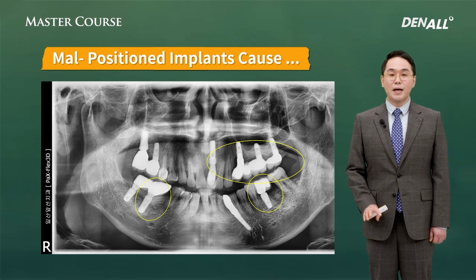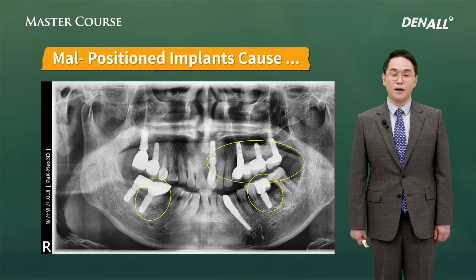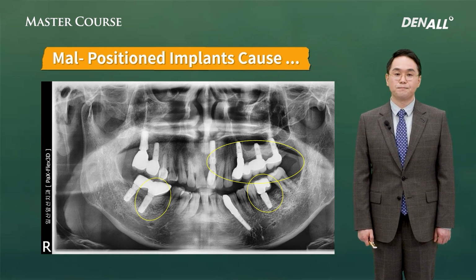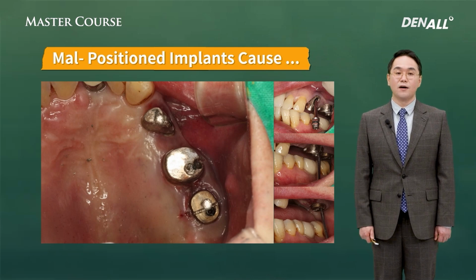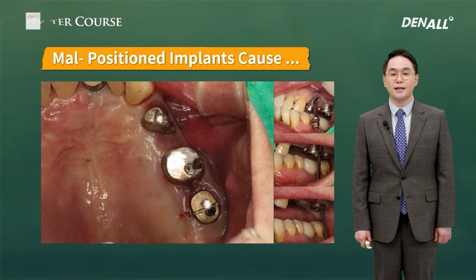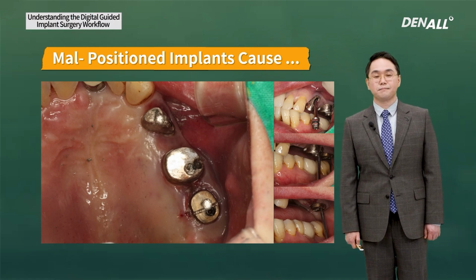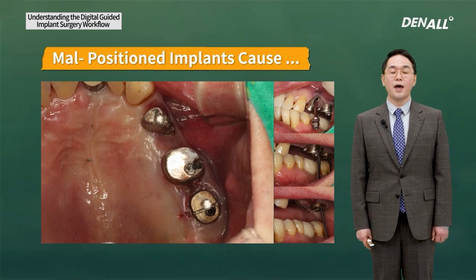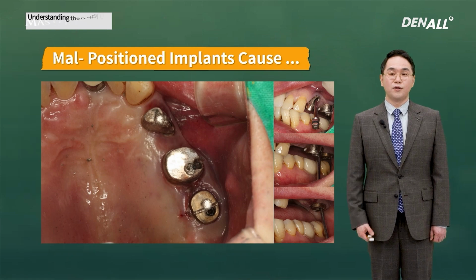On the panorama, mesiodistal positions can be confirmed, but buccolingual positions cannot be confirmed. So first, the prosthesis is removed on the left side of the upper jaw. We found the screw access holes are buccally positioned. Based on the screw access holes, we can estimate the positions of the implants.